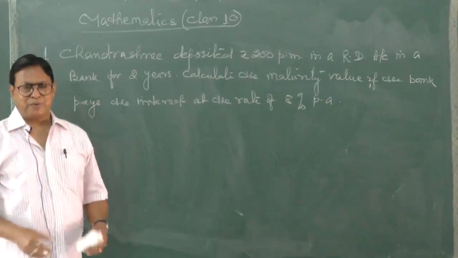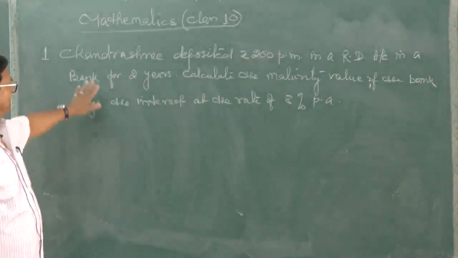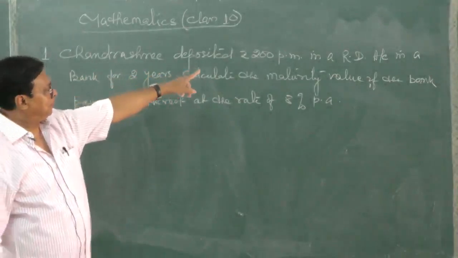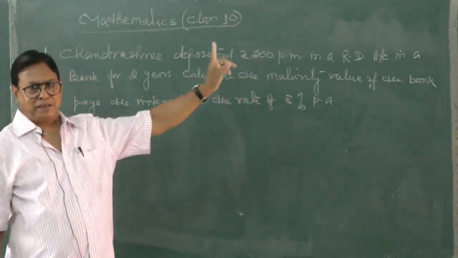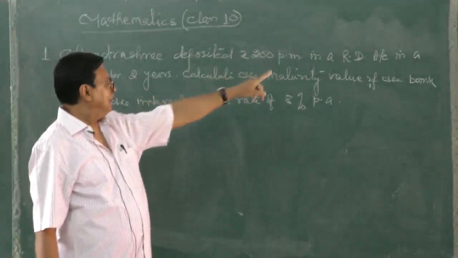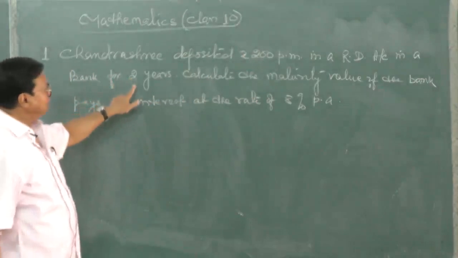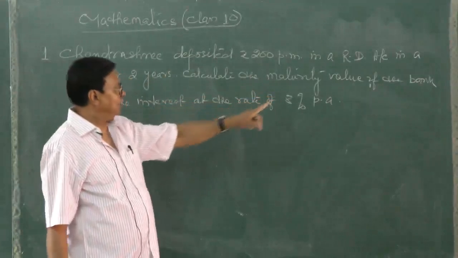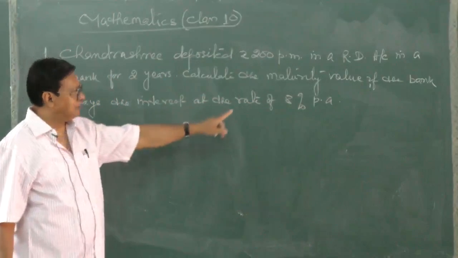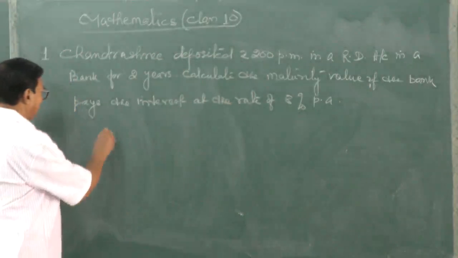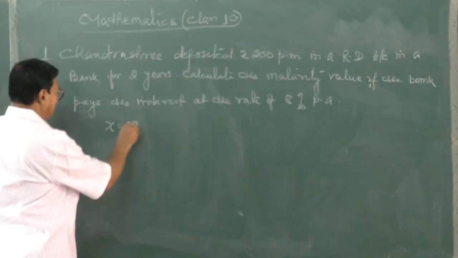So the same sum which I gave you in the example. Chandrasri deposited rupees 200 per month in a RD, well, it's recurring deposit account, in a bank for 2 years. Calculate the maturity value if the bank pays the interest at the rate of 8%. So what is given? X, 200.